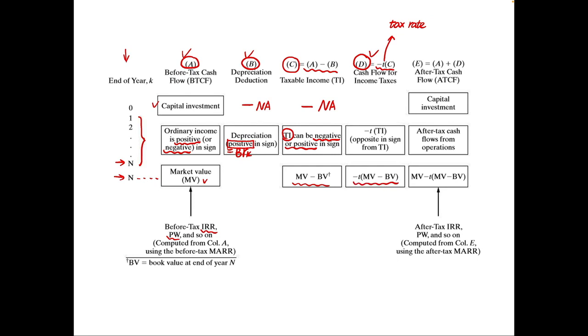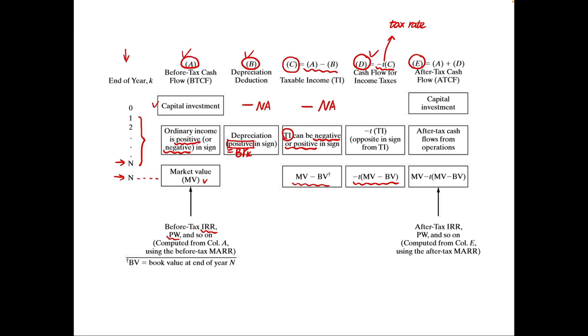It is still minus T times whatever you have in column C. Then the very last column is the after-tax cash flow column, which is the sum of whatever you have in column A plus whatever you got in column D. For the first row, you just copy the capital investment. And don't forget, the sign is negative.